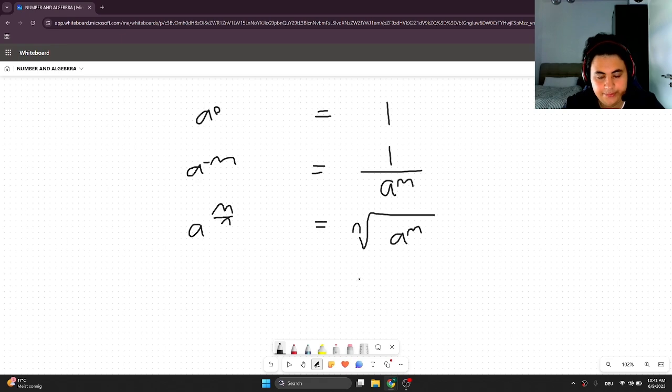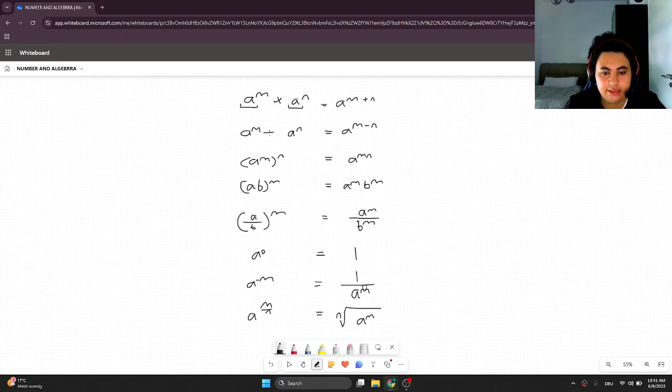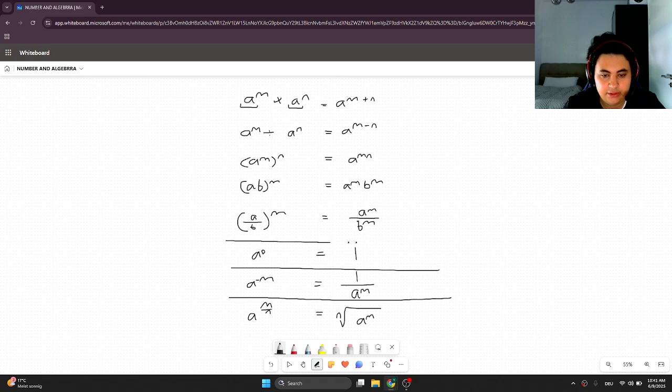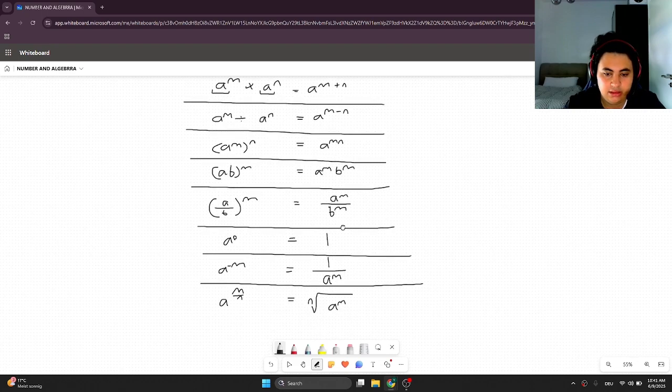So these are the laws of exponents, each one that you need to know. And as I already said, I'm going to be going through these in more detail with some questions to come.